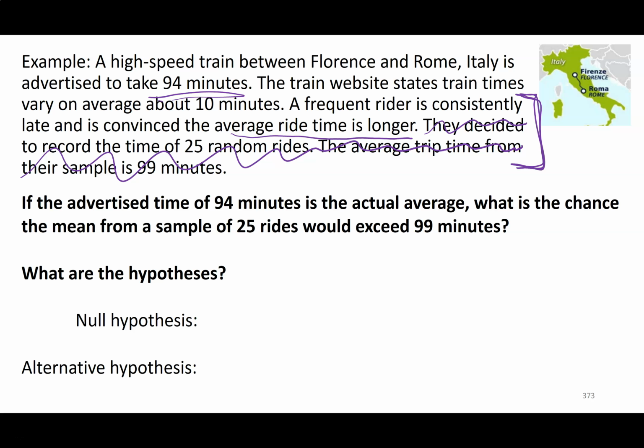So here, my hypotheses, I'm going to start with my null and alternative here. So what should go here? So X is train trip time. And I'm interested specifically in the average, right? Because the train trip times, they're in minutes, they're quantitative.